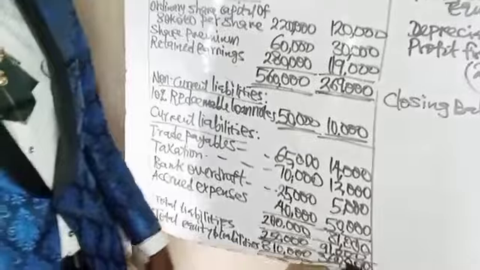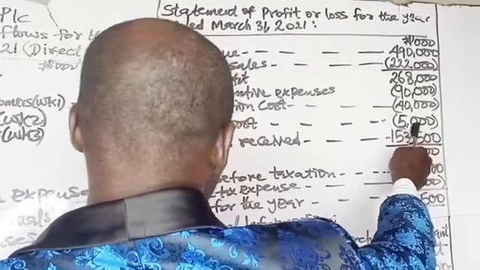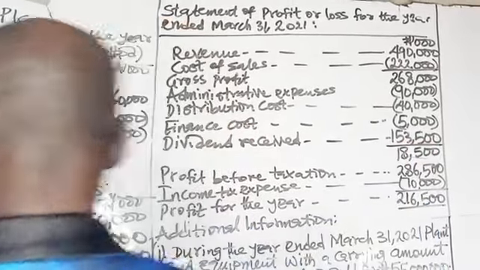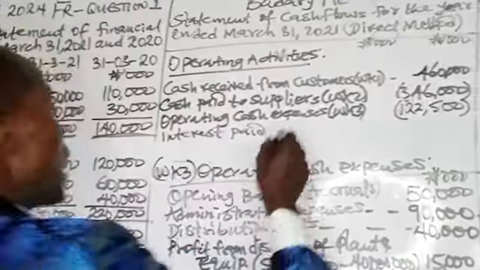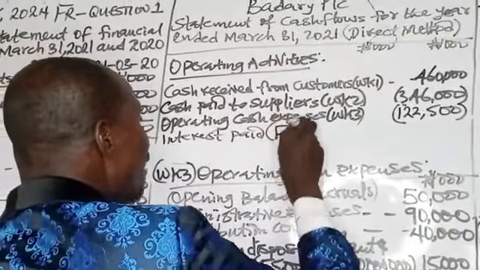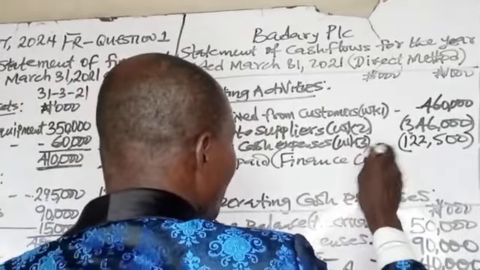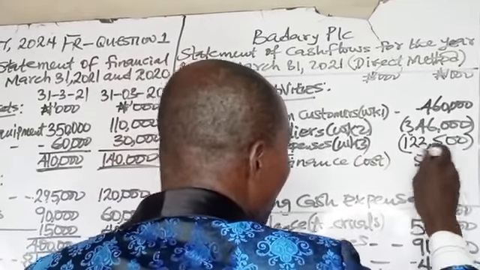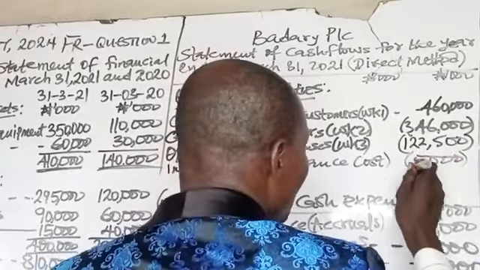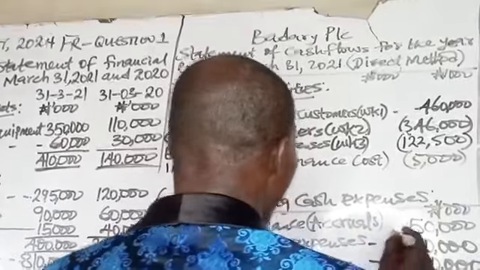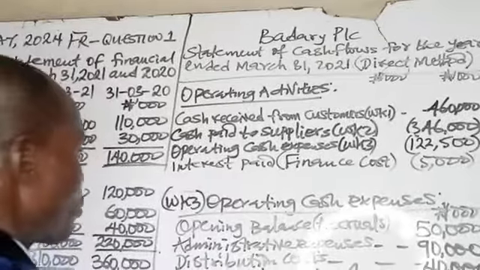That is to show that the entire interest due for the period has been paid. Now go through the profit and loss. You have the finance cost, that is the amount of interest expense for the period, of 5 million. Since there is no interest payable under current liability, the entire finance cost is deemed to have been paid for the period. So the finance cost of 5 million has been paid. That is why you do not have any interest payable under current liability.